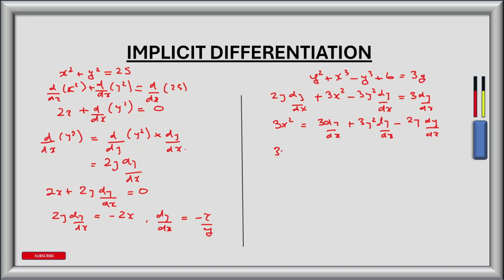So 3x squared is equal to dy by dx multiplied by 3 plus 3y squared minus 2y, and dy by dx is therefore equal to 3x squared divided by 3y squared minus 2y plus 3. So that's our answer.